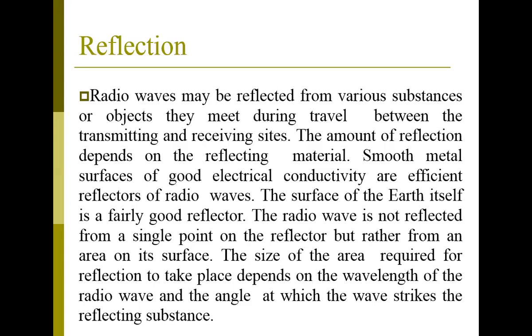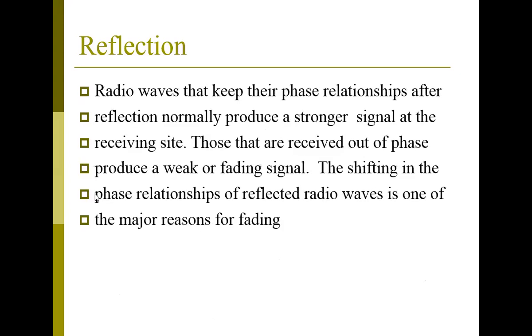So these depend upon the parameters. The size of the antenna again depends upon these parameters, and on the basis of these parameters it is designed. Radio waves that keep their phase relationship after reflection normally produce a stronger signal at the receiving site.